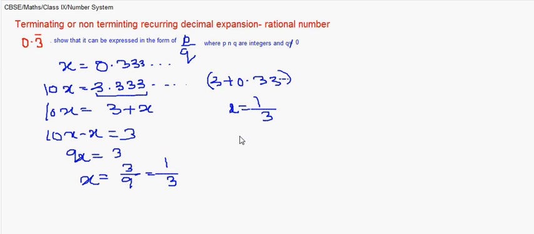Let's take up one more similar question for a better understanding. I'm not writing the whole question, we'll simply follow the whole setup with 0.1 bar. That means I will be taking 0.1111 as a decimal representation. Again we follow the same way. We assume x to be 0.11. I multiply 10 to both the sides, so I'll be getting 1.11 and so on.